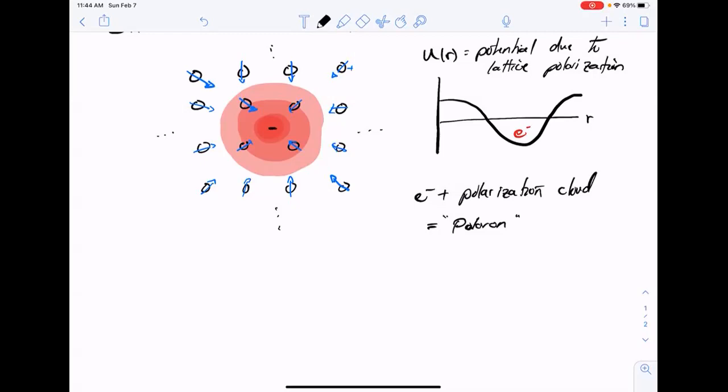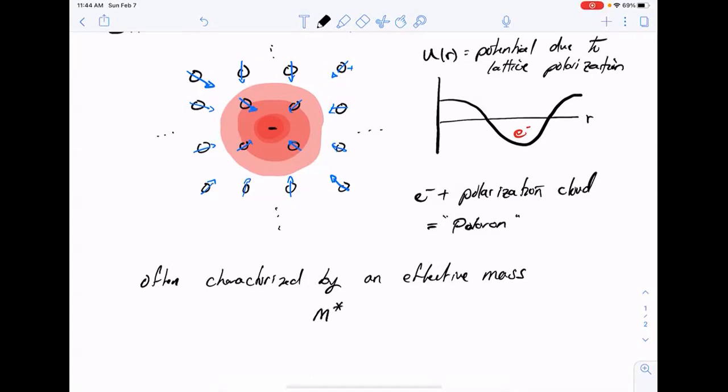So often this object, the polaron, is characterized by an effective mass, which is some semblance of how much extra mass is accommodating the electron as it moves through the lattice due to this displacement field.